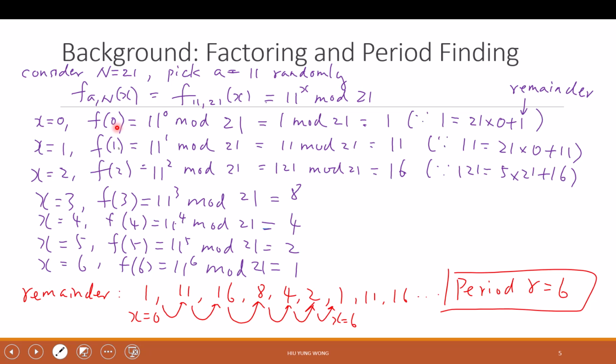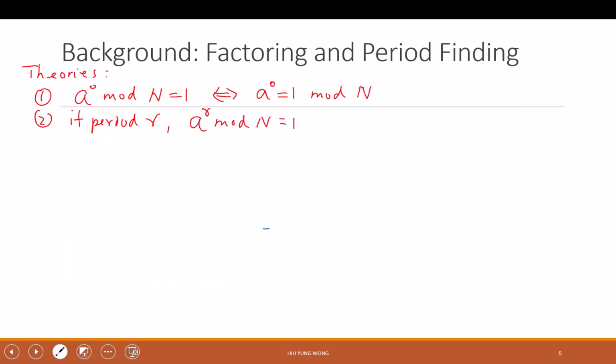So if f of 0 equals 1, then after the period, what will be the answer when you mod n? Also 1. And that's the definition of period, right? So this is also equal to 1. Okay? So you can also write a to the power R equals 1, but you need to make it clear mod n. But if you know that you're talking about mod n, you can remove this.